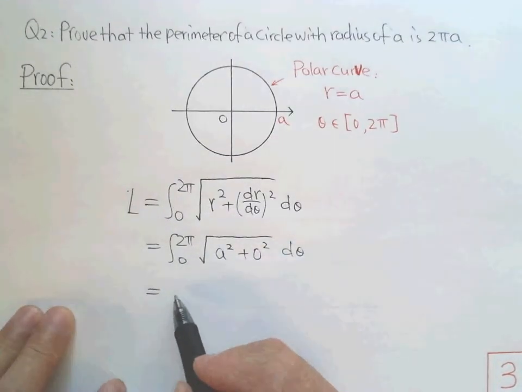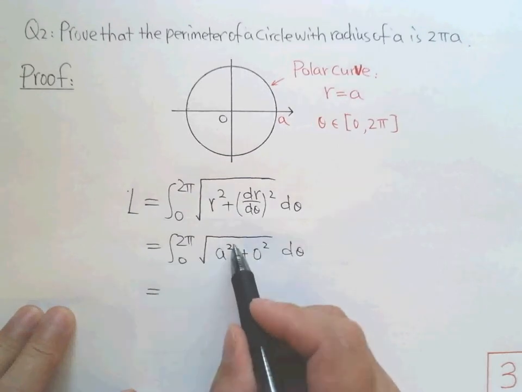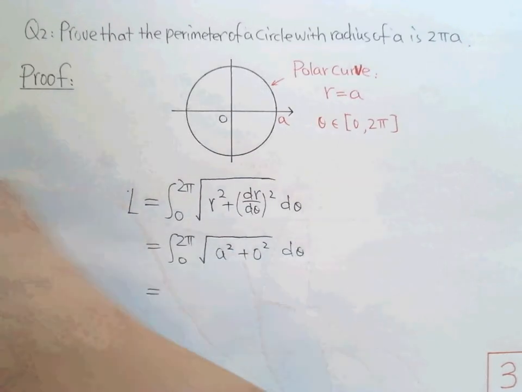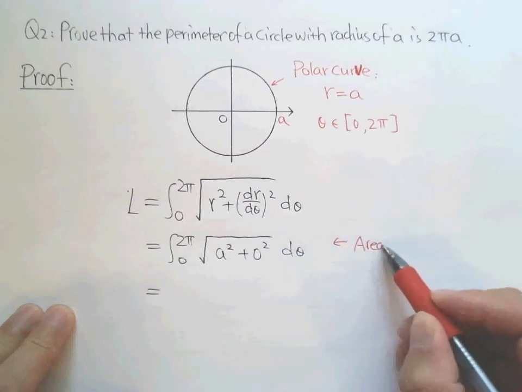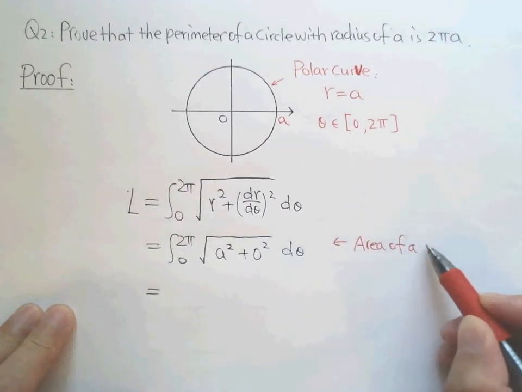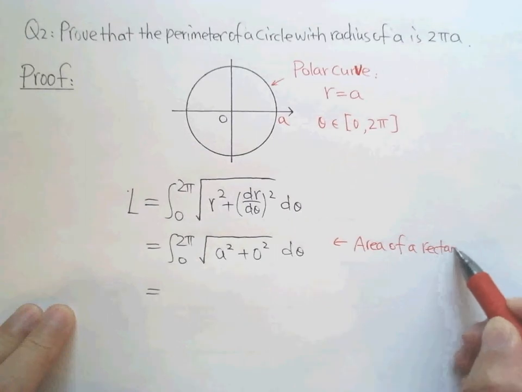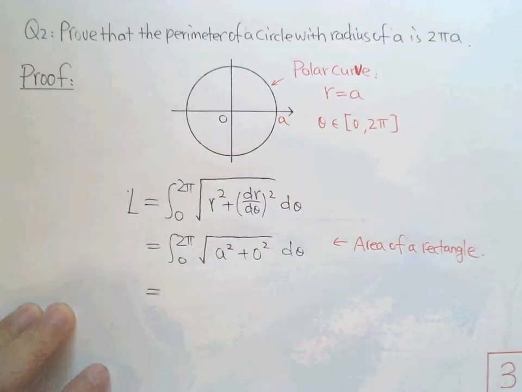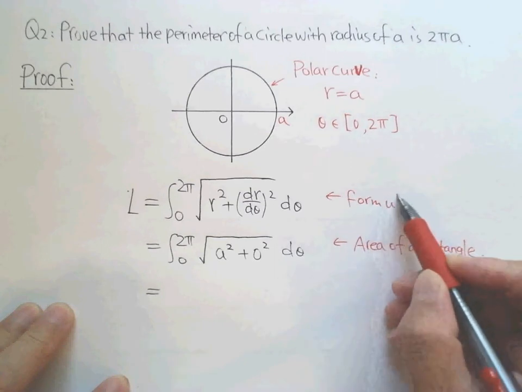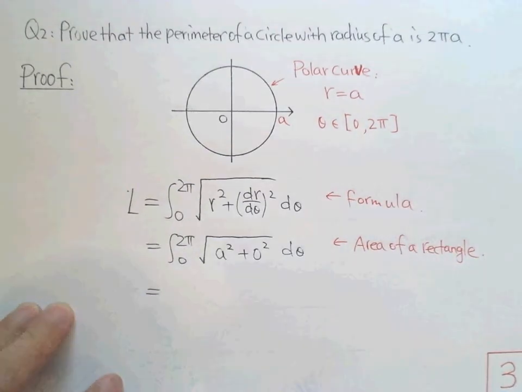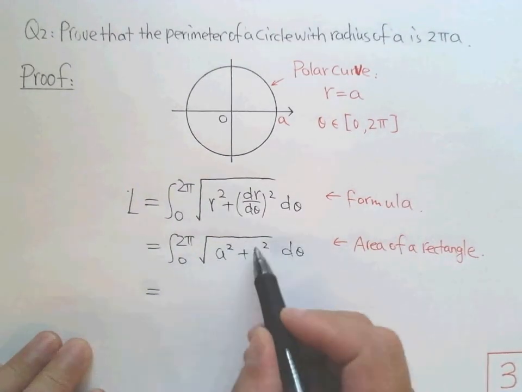And then this is a constant number. Now you know this is the area of a rectangle, right? Of course. The formula is the height times the base.